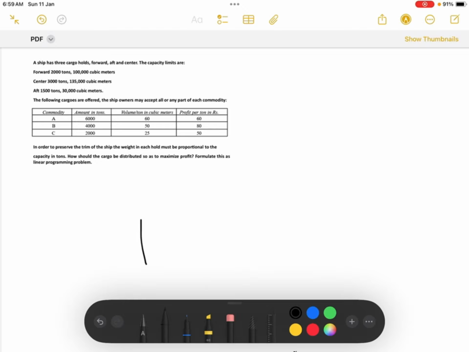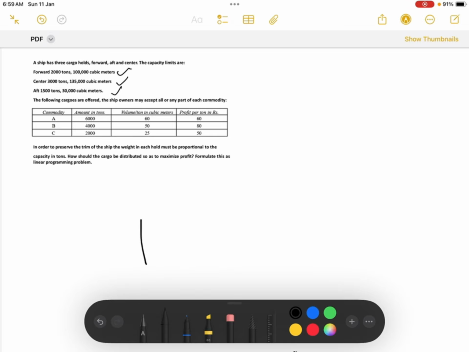So there could be three positions in a cargo, and the quantity you can store is 2000 tons, 3000 tons, and 1500 tons in the three cases. And the maximum space will be 100,000, 135,000, and 30,000 cubic meters. So let us start formulating this problem.